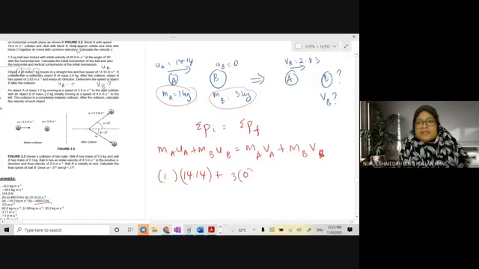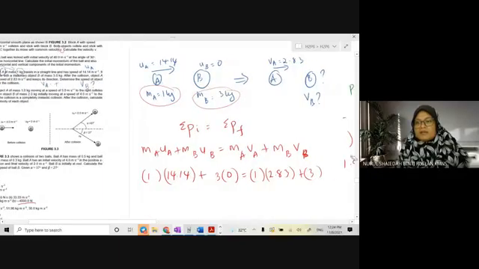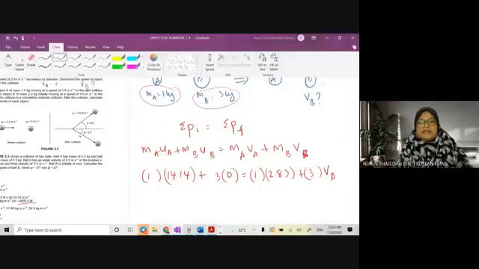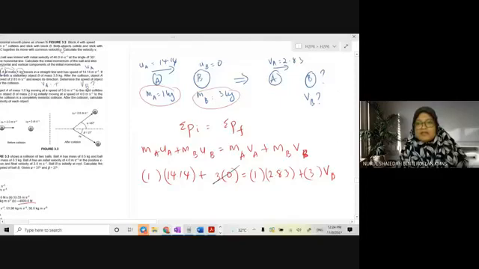My UB is 0 because it's stationary. My MA still 1. My VA is 2.83. My MB still 3. Sebab dia constant ya, mass akan constant. Mass tak berubah. Okay, and VB I don't know. Okay, so anything yang darab dengan 0 akan jadi 0 lah. So saya left dengan ini je lah.